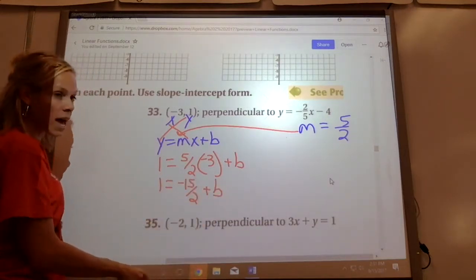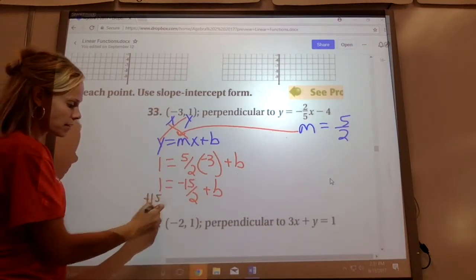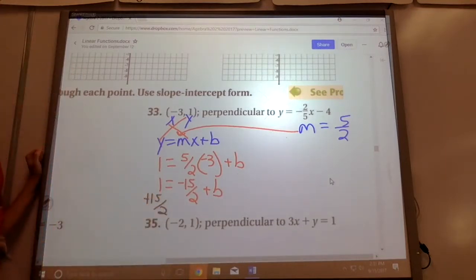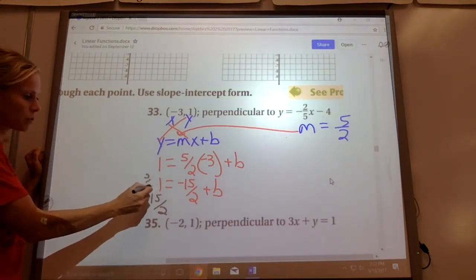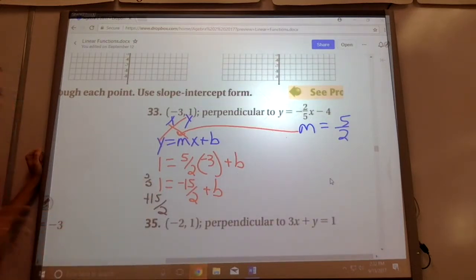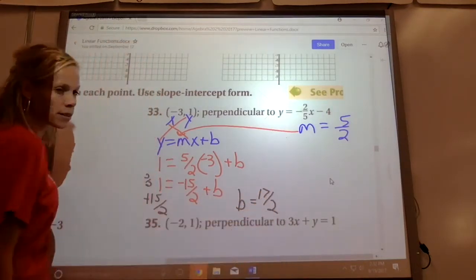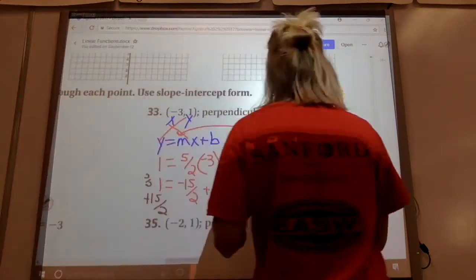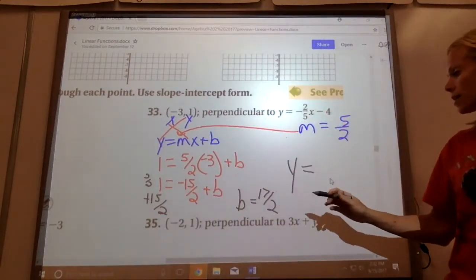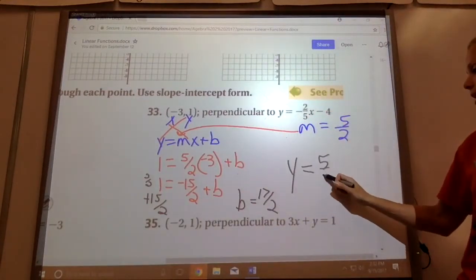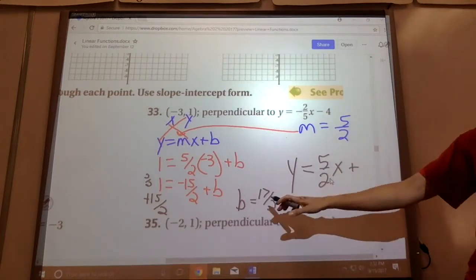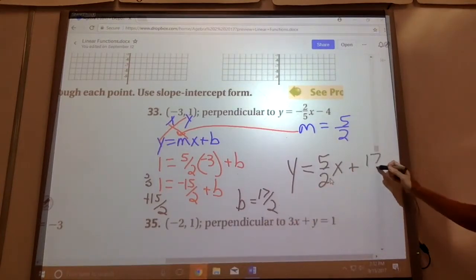So what would I do? I would add 15/2, which would be 17/2, because 15/2 plus 2/2, get a common denominator, would be 17/2. If you don't like it, use a calculator. It's fine. So my answer, y equals slope, 5/2 x, plus intercept, 17/2.